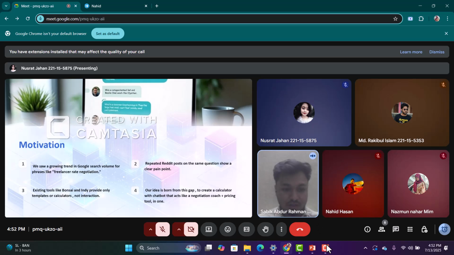And the last phase is about our idea, born from this gap: to create a calculator with a chatbot that acts like a negotiation coach plus pricing tool in one. So we created a more dynamic tool with a chatbot that doesn't just calculate rates but actively coaches freelancers through negotiation. That's the end of my segment.